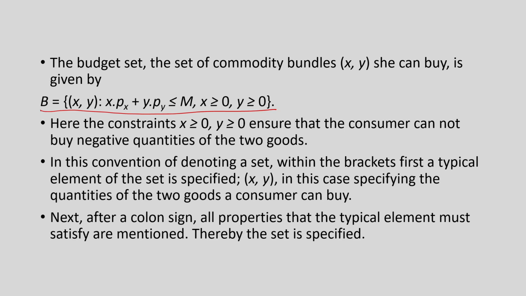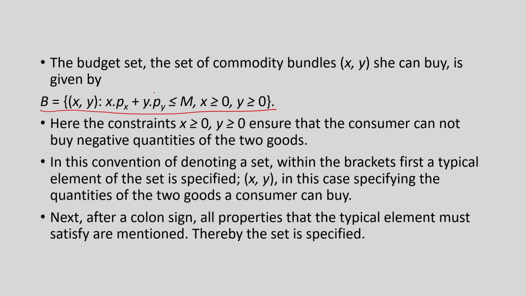So, within the budget set, what I have written is that a particular element of that budget set is an arbitrary combination of x and y. So, here any element of the set has actually two components within it, x and y, that is an element, that pair. But that pair has to satisfy certain conditions.